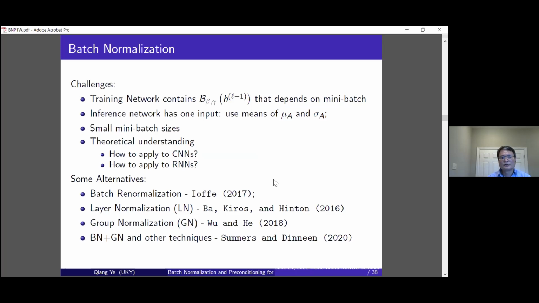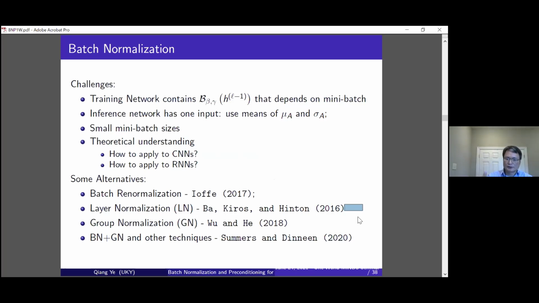Here I list a few alternatives that have been developed to address some of the issues here. Batch renorm is one that tries to reconcile the training and the inference network. Layer norm does the normalization not over a mini batch but over the neurons themselves.